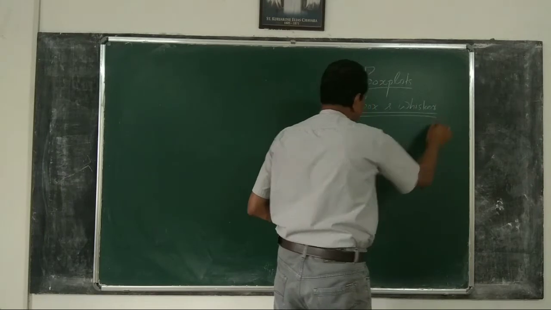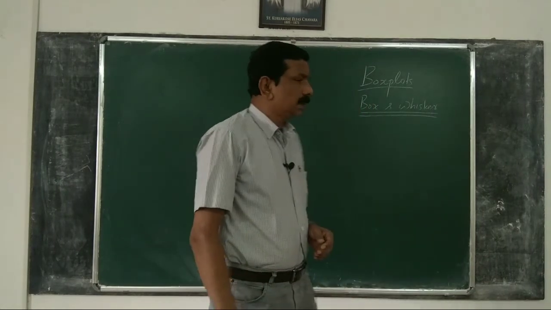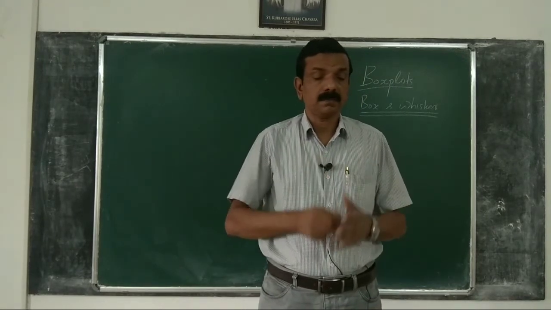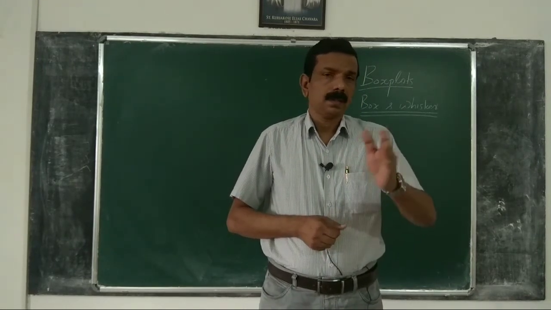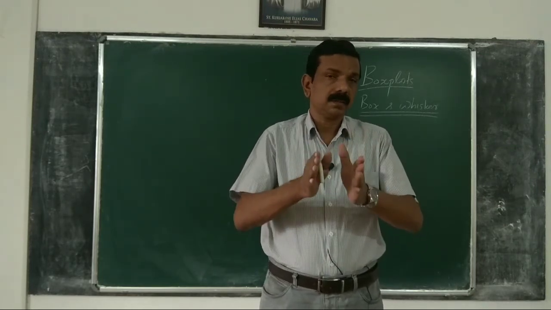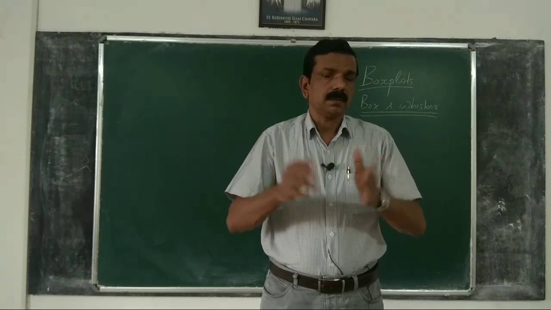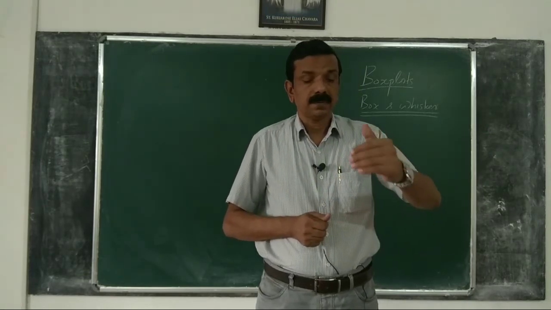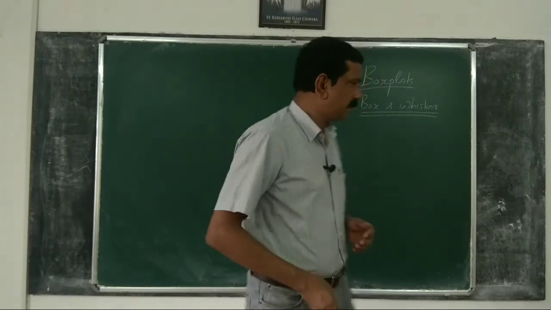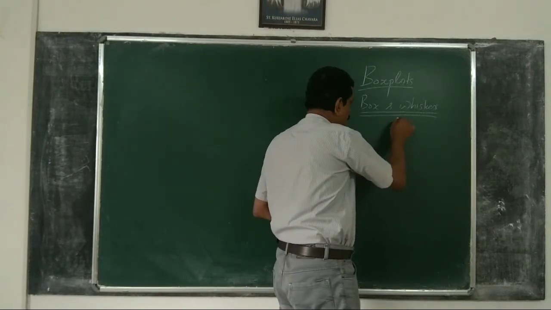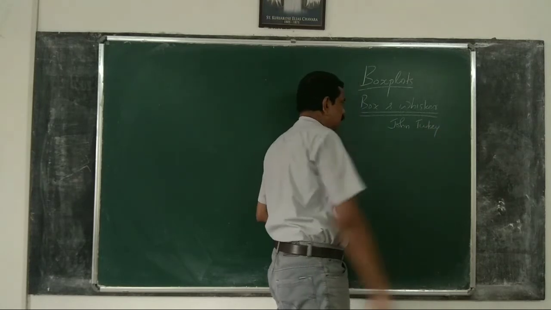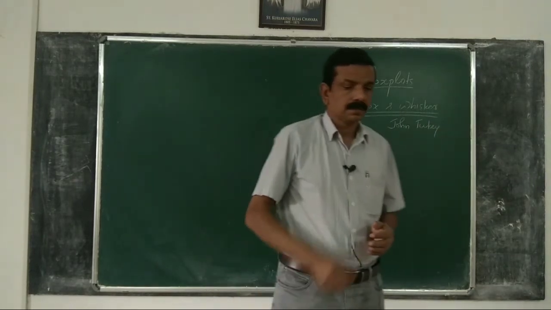Box plots are based on the 5-number summary, and provide a graphical display of the center and also the extent of variations in a data set. It was invented by John Tukey.